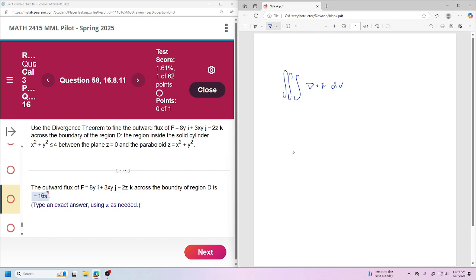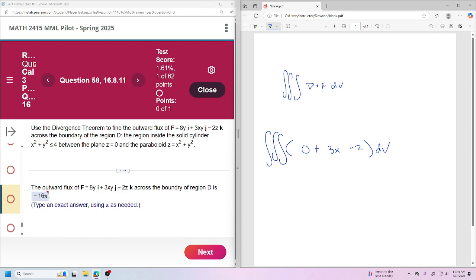That's my divergence theorem. So I still need to dot product these things. There's my F. It's like I'm taking the derivative of each one individually. So this one in terms of x, 0. This one in terms of y, 3x. And then this one in terms of z. And then the triple integral of that thing dV.